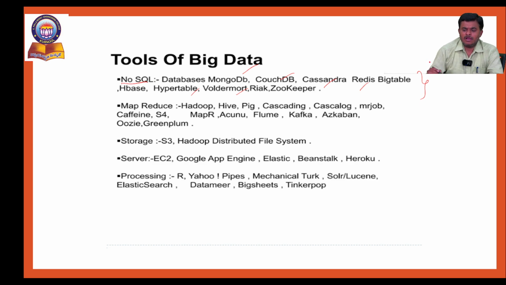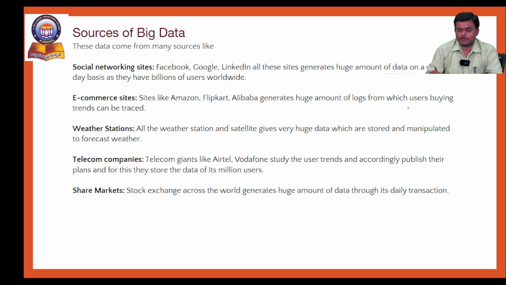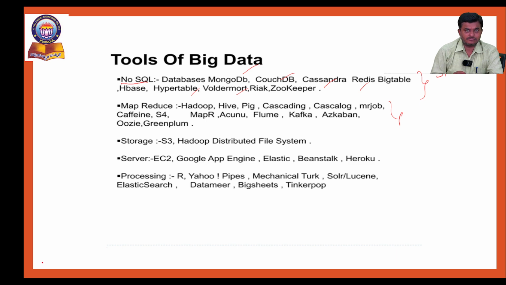And then storing is a part. So this is the storing section, and this is the processing section. The first and foremost is MapReduce. MapReduce is a program in Hadoop which performs analysis of the data, or you can simply call it processing the big data.